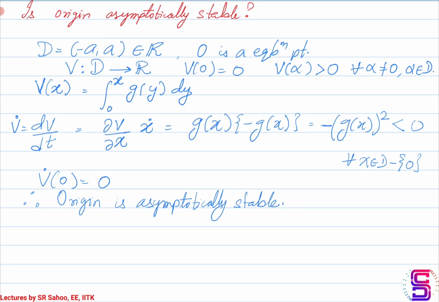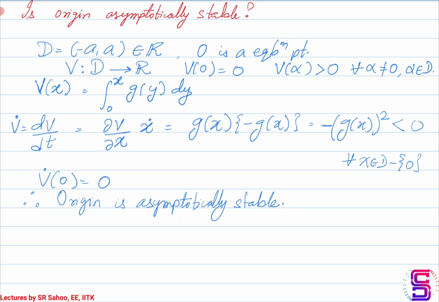Now note that if you have a Lyapunov candidate function V that is positive definite, but V dot does not turn out to be negative definite, or negative semi-definite either, and instead turns out to be indefinite, then it means that with the help of that Lyapunov function we will not be able to conclude about the stability of the equilibrium point. The Lyapunov theorem is just a sufficient condition.